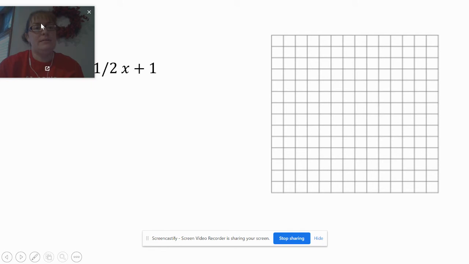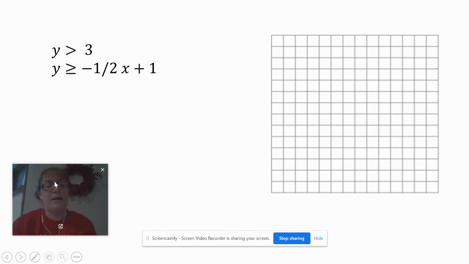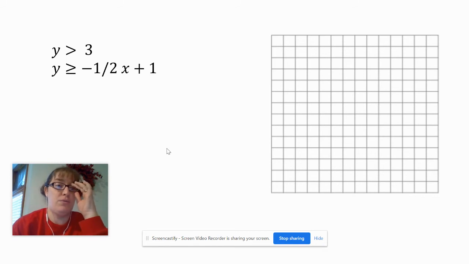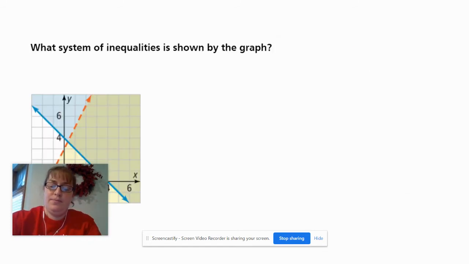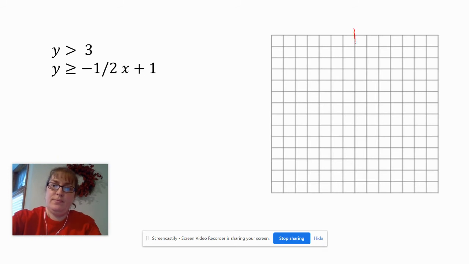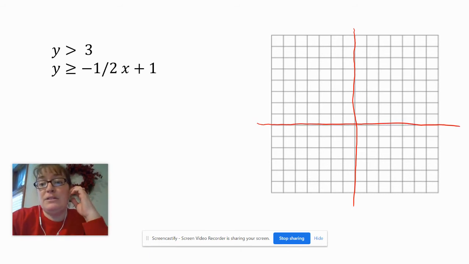In this case, we're going to look at the inequality y is greater than 3, and y is greater than or equal to negative 1/2 x plus 1. Okay, so in this one, the first thing we need to look at is, do we have them both in slope-intercept form?